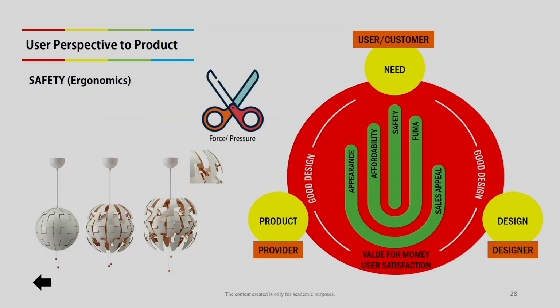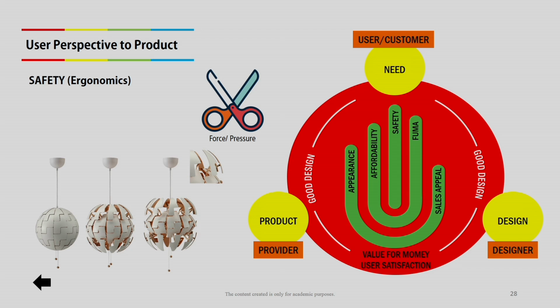The consumer will also see how much pressure I am applying to do a task with the product. For example, this is a light. If you go to an IKEA store, you will get this kind of light. So, when you need this light to be functional, you can pull the strings and it will easily open up with a very small amount of force.